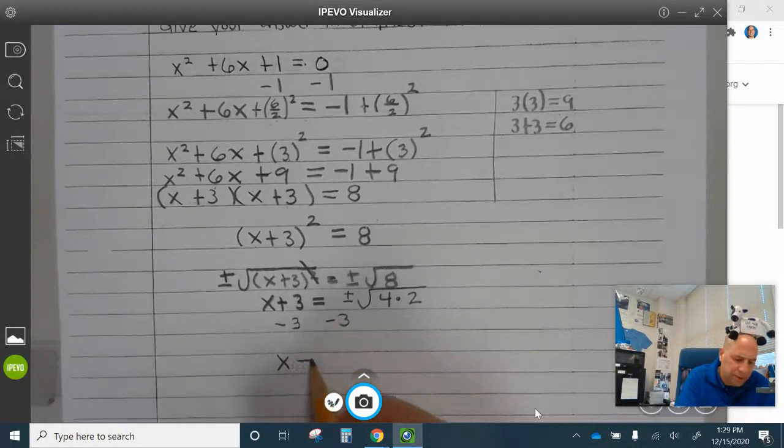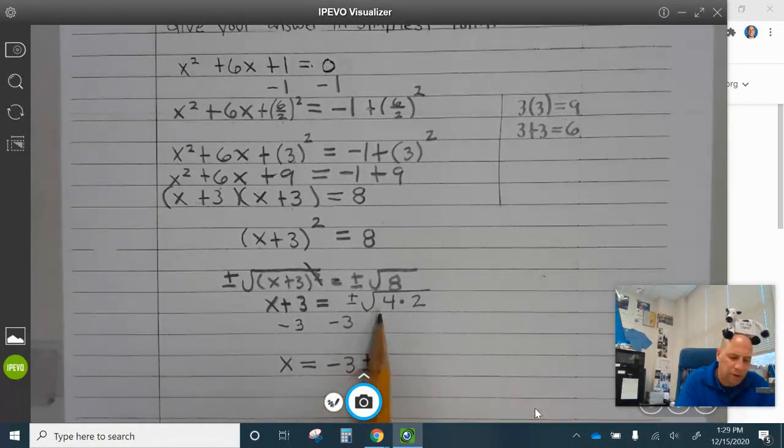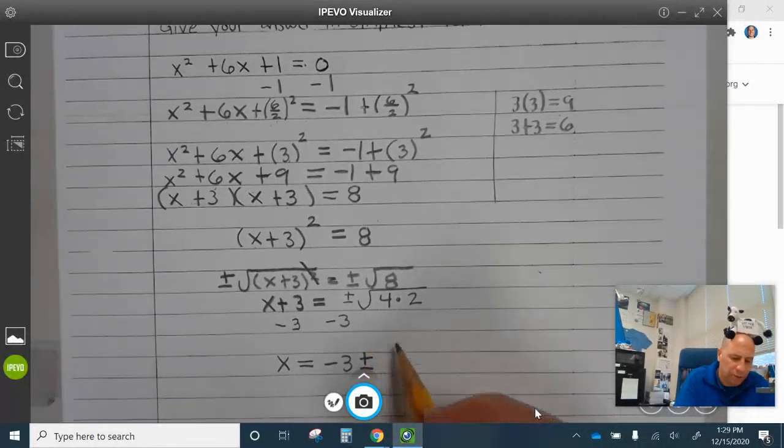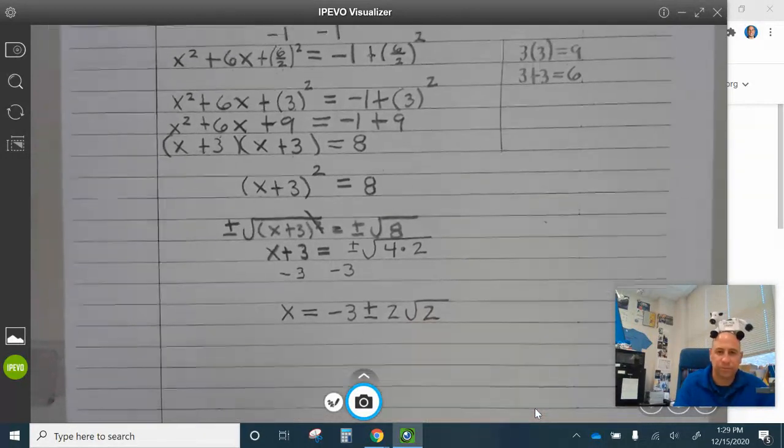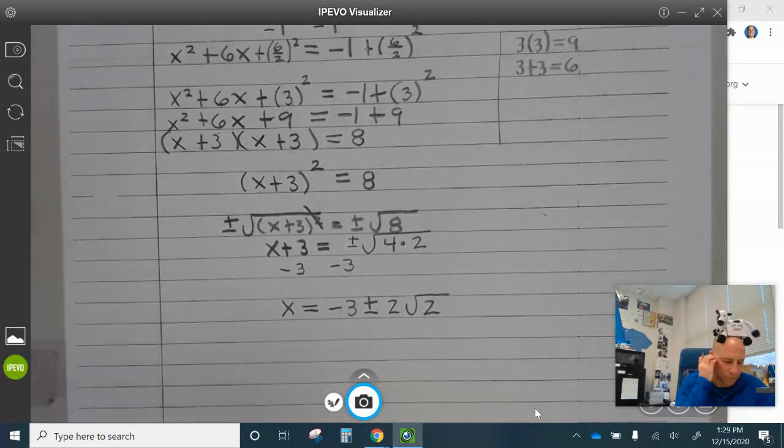So x equals negative 3 plus or minus the square root of 4, which is 2, times the square root of 2.